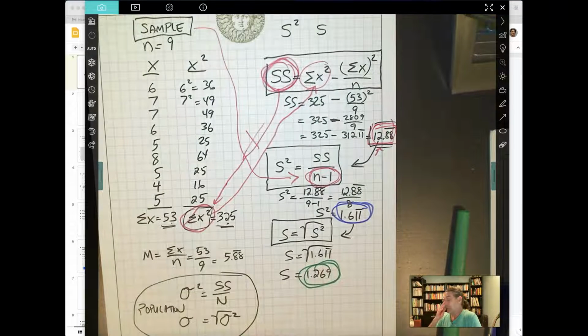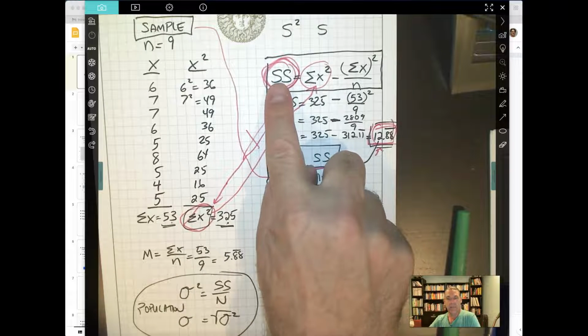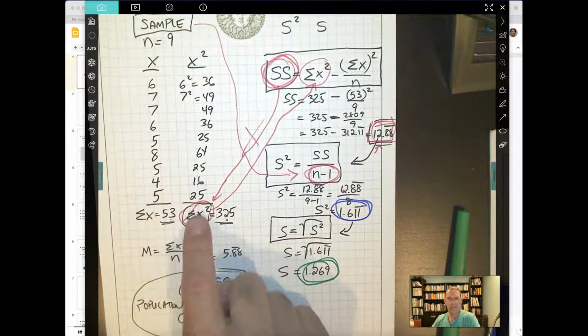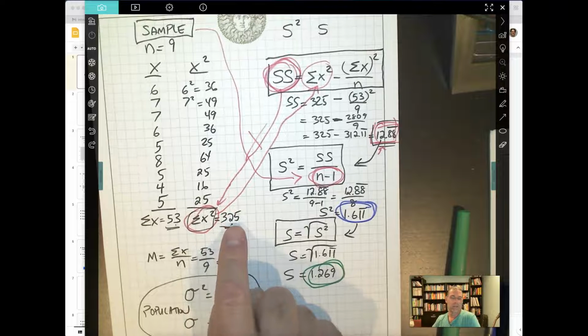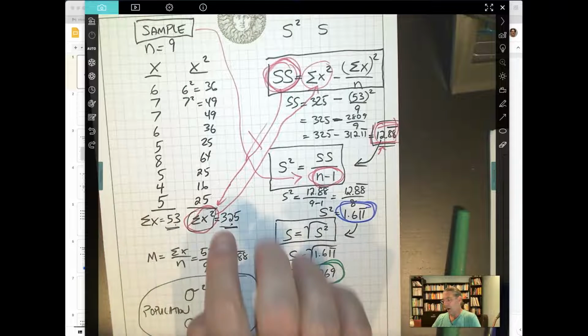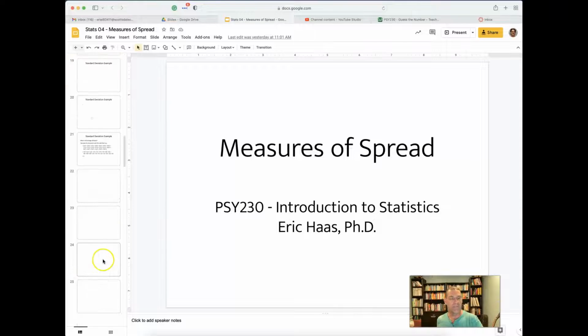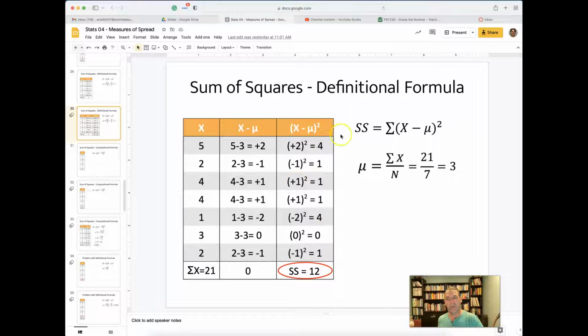What I'll see sometimes is that people, when they do a test or a problem set and are asked to calculate the sum of squares, have already done this table, and they'll say, well, isn't that what sum of squares is? Isn't that sum of squares right there? And they'll say 325. Part of it is because when we do this with the definitional formula, it actually shows up in the table. In that far right column is where the sum of squares is.